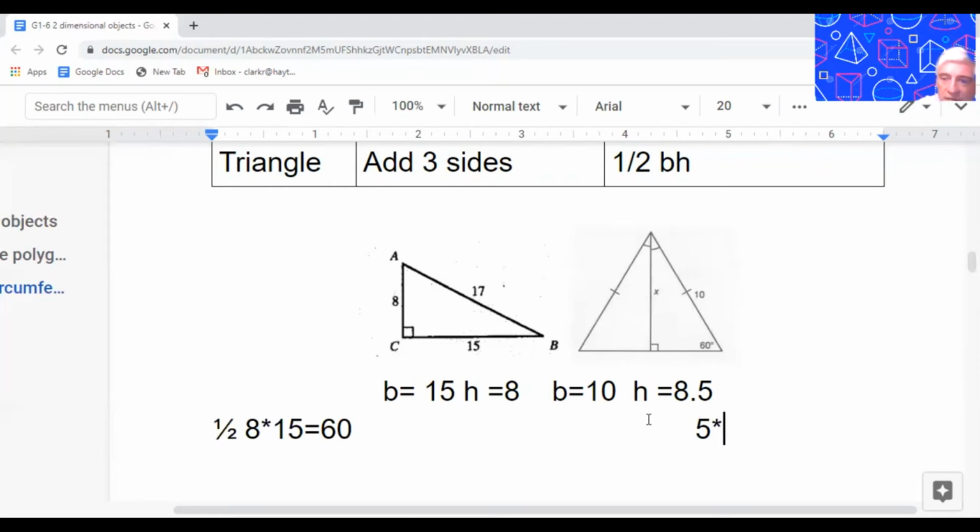I said 8.5 and wrote something else. 8.5. That's 42.5. Once again, don't just take my word for it. I make math mistakes, just like everybody else. 5 times 8.5 should come out 42.5.